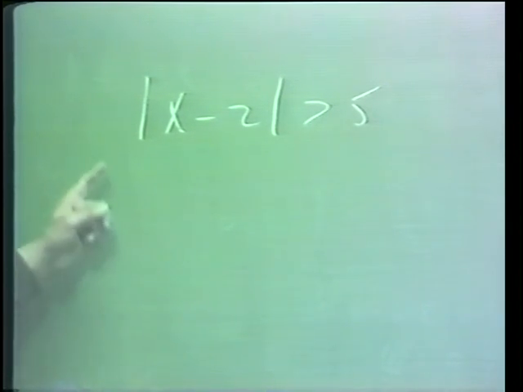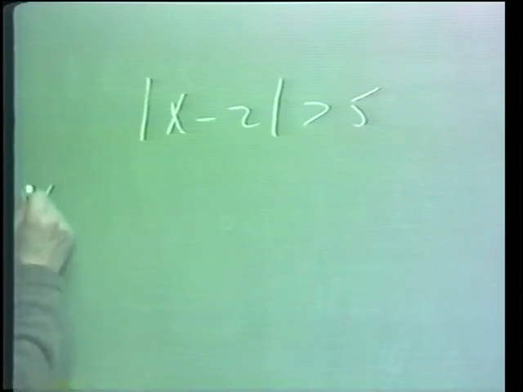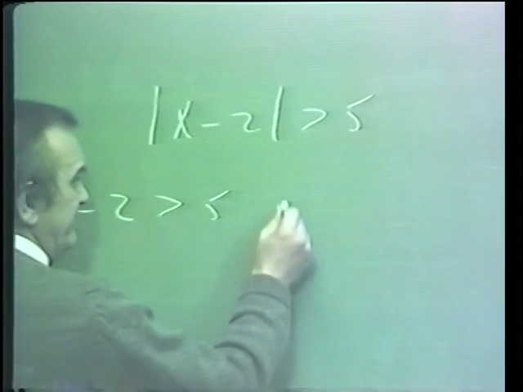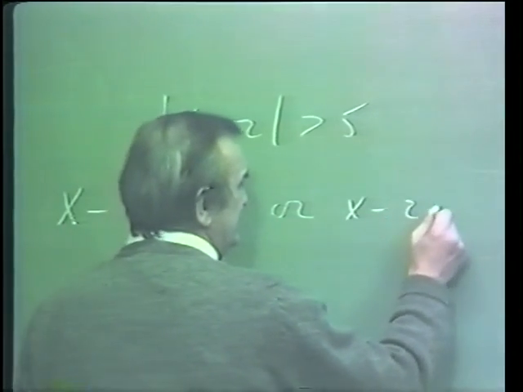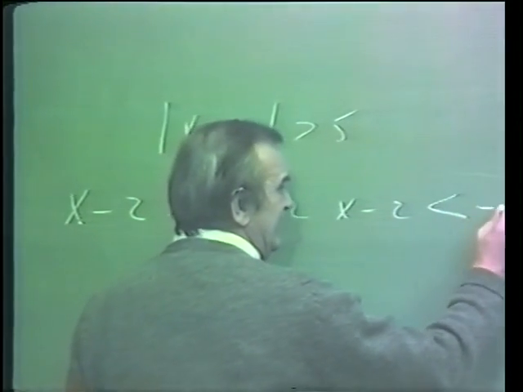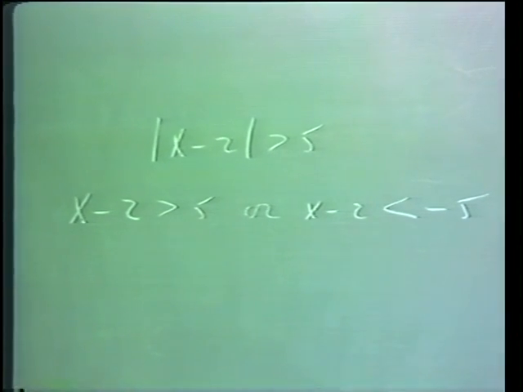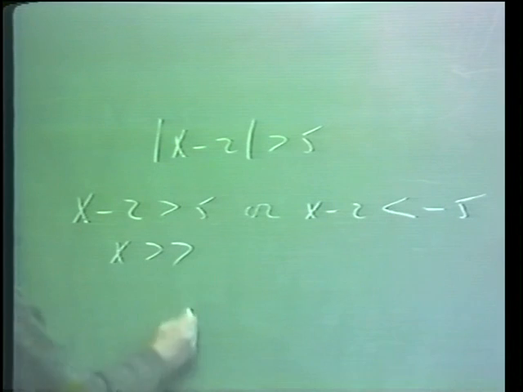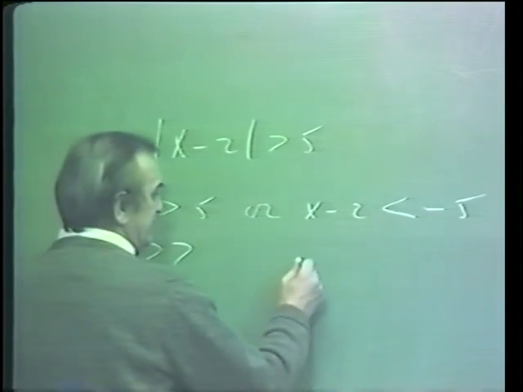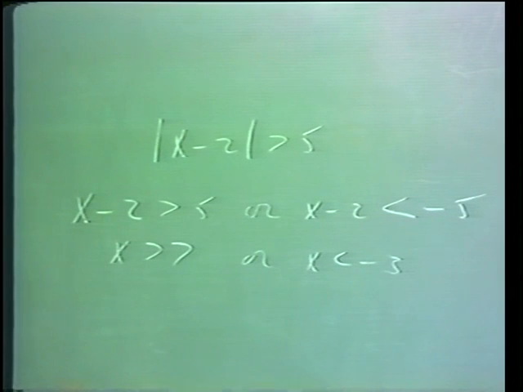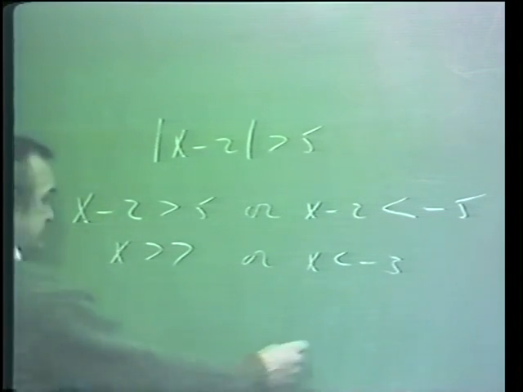So we have to take this out of absolute value form and put it into its equivalent form, which says x minus 2 must be greater than 5, or x minus 2 is less than negative 5. You now solve these, and these are very trivial. You get x is greater than 7. Here you get x is less than negative 3. You now make the graph of this.